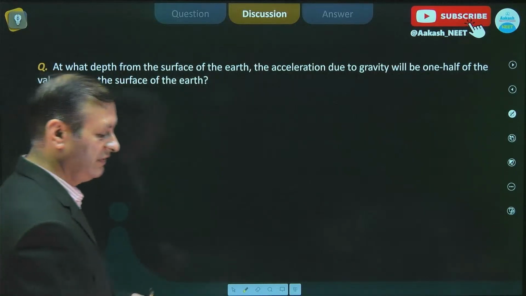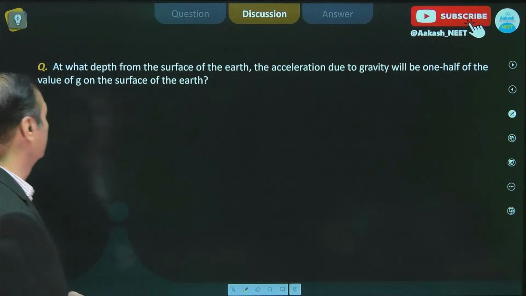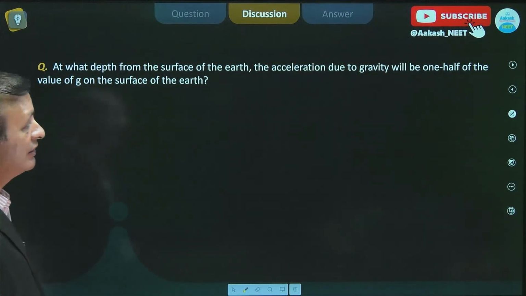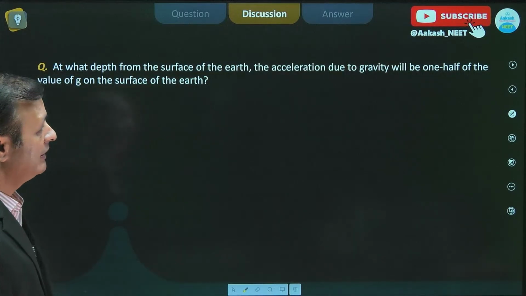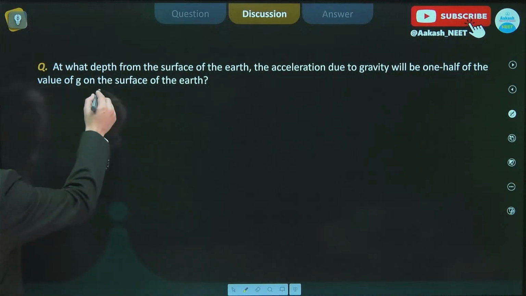Now, we have a numerical based on the same, and it says at what depth from the surface of Earth acceleration due to gravity will be 1/2 of the value of g on the surface of Earth.